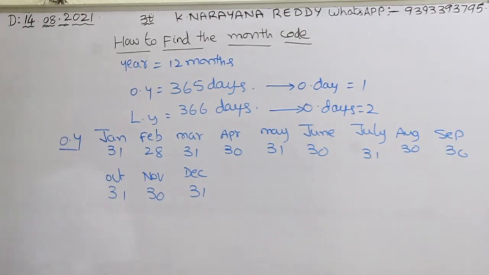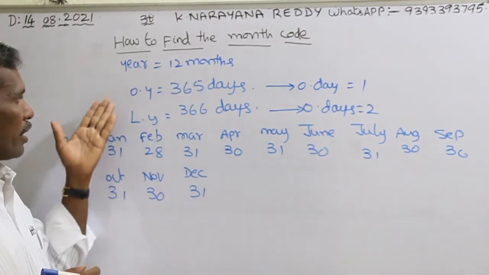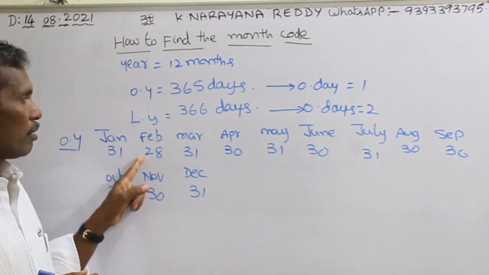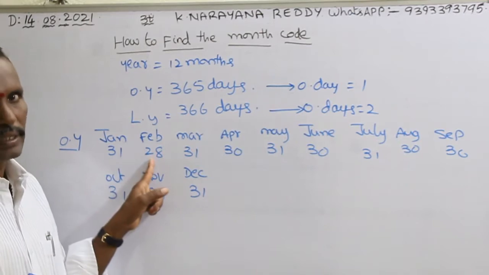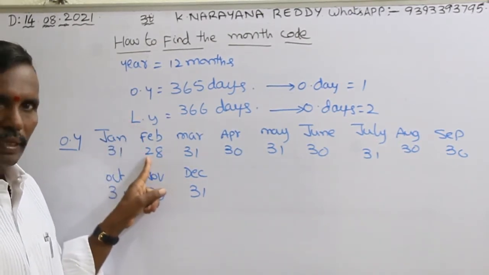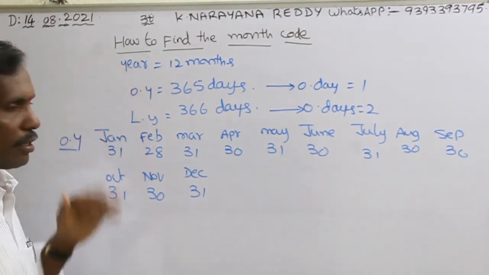The only difference between an ordinary year and a leap year is Feb. In a leap year Feb contains 29 days, but in an ordinary year only 28 days.